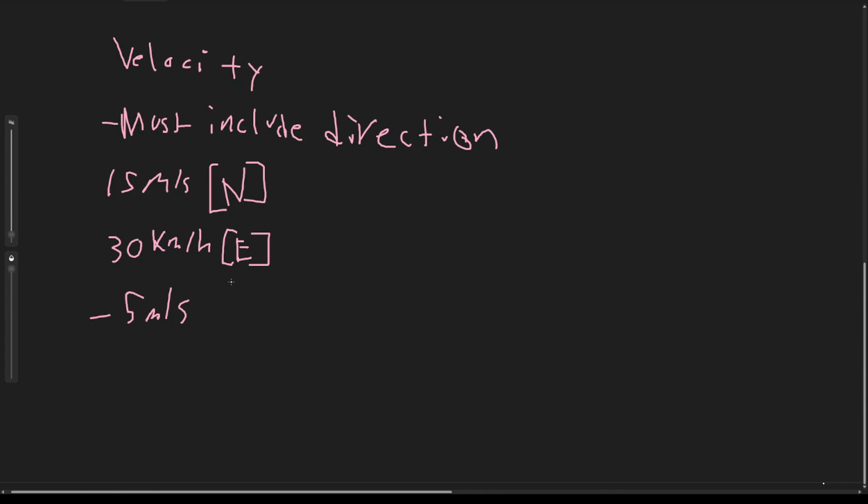We can say east, because negative in this case usually indicates the opposite direction. This would actually be 5 meters west. But yeah, because velocity has both magnitude and direction.